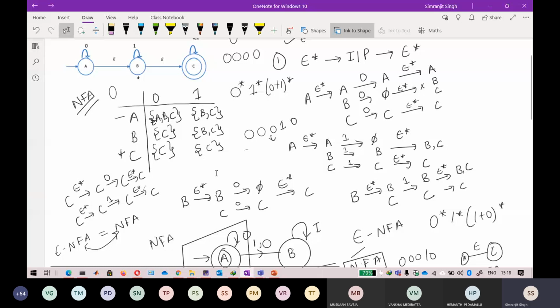Your argument is right that this should be equivalent, but I am only talking about it in terms of a language. If I just find any string that is possible here, I think I cannot find it. Any number of A's, any number of zeros, and you can reach the final state.